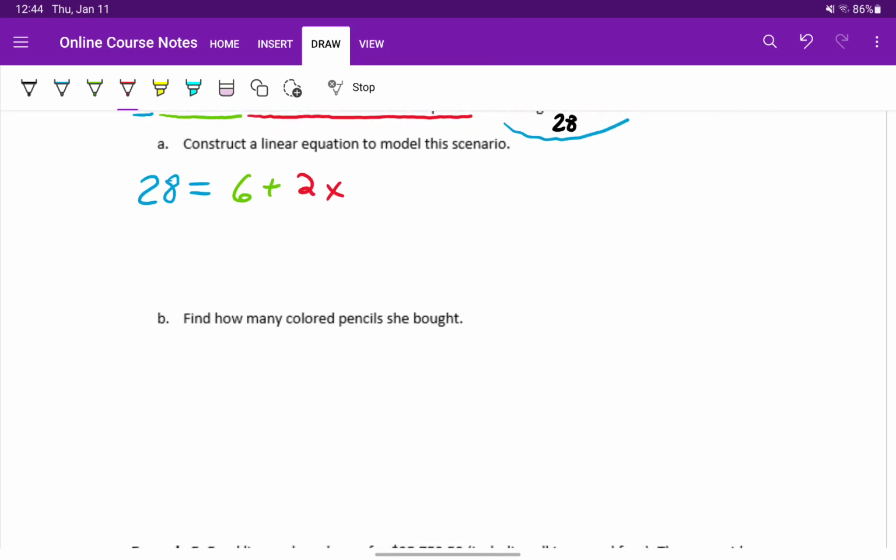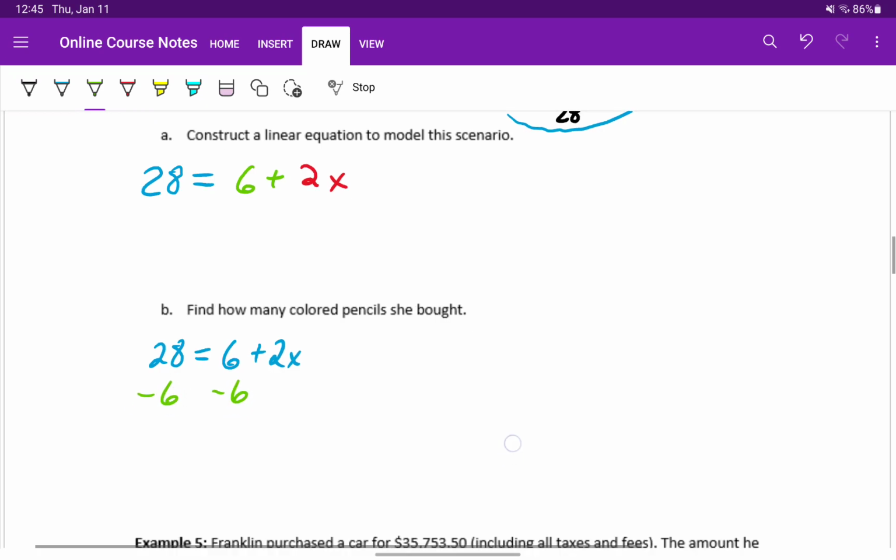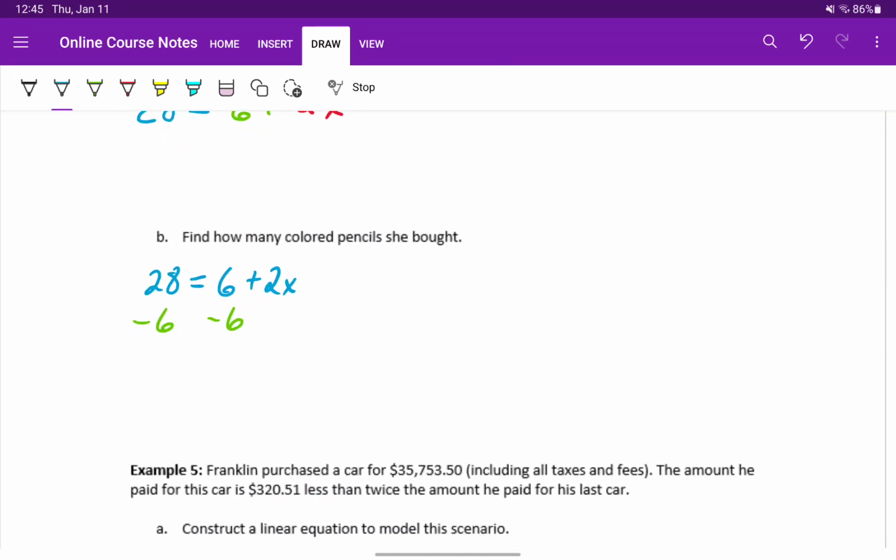Now in part B, we want to find how many colored pencils she bought. That means we want to solve this equation that we just generated. So to solve 28 equals 6 plus 2x, the first thing we'll do is subtract 6 from both sides, which will give us 22 is equal to 2x.